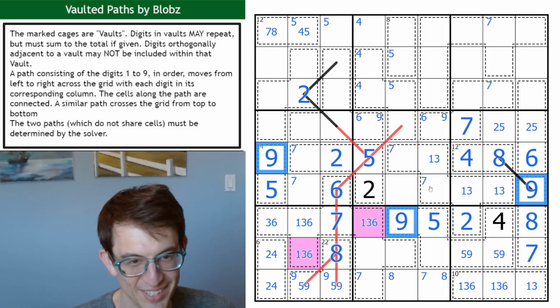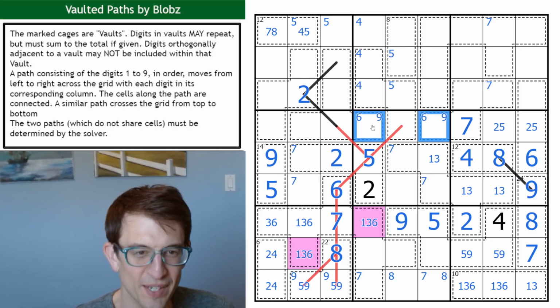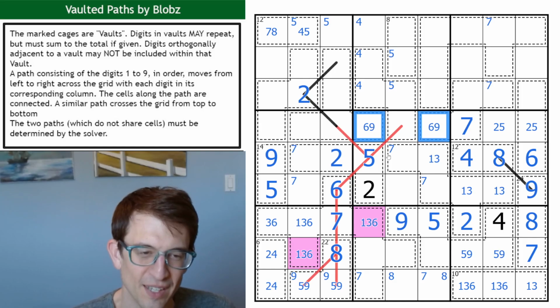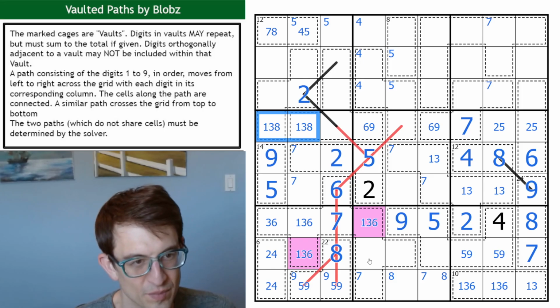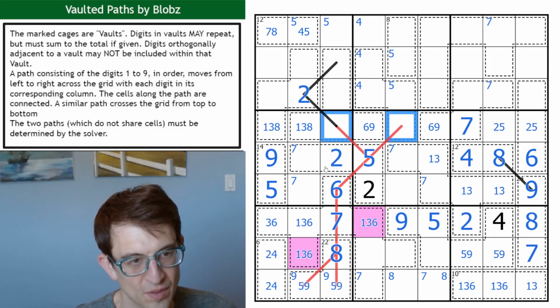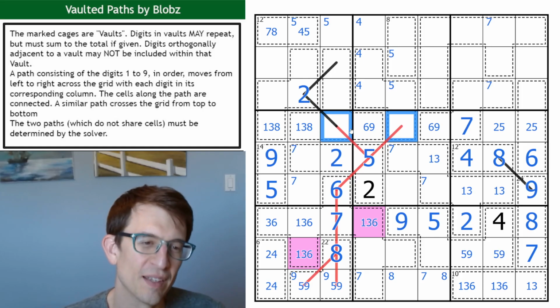No. Okay, so I guess it's... Oh, this is a 6-9 pair, which I did not quite realize. Which means, what are these? 1, 3, 4, 8. So these can only be 1, 3, or 8. Because 4 has to go in one of these.